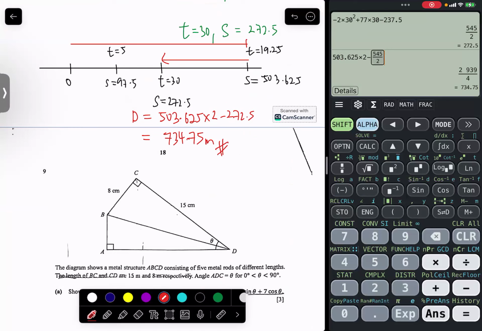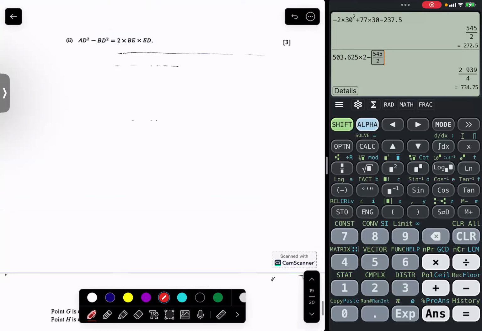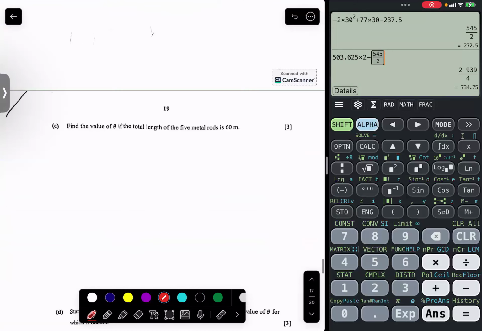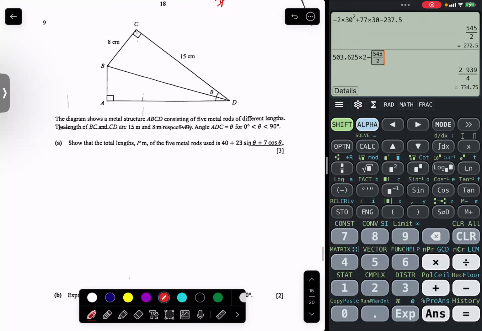Question 9. Question 10. Two more questions. Question 9: the diagram shows a metal structure ABCD consisting of 5 metal rods of different length. The lengths of BC and CD are 15 meters and 8 meters respectively.